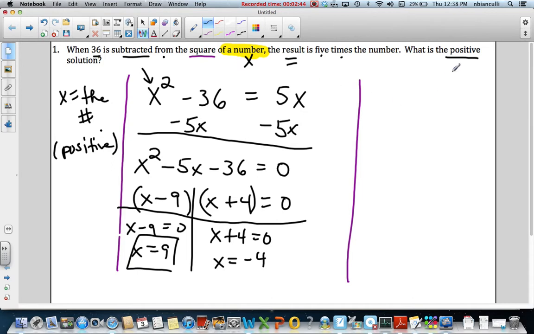But they wanted us to find the positive solution, so we will reject this because it's negative. And so the answer, we just want the positive solution. The positive solution is just the number 9. And that is our final answer.